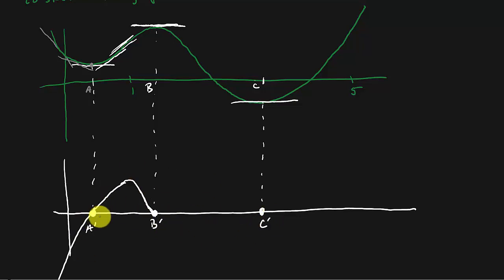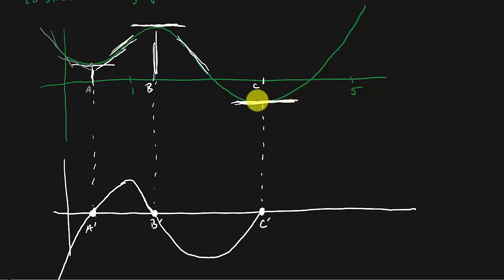But notice all the values between this a prime and b prime, they're all positive. They're all above the x-axis because the slopes of all these tangent lines from here to here would be positive. And then notice here, the slope of the tangent lines would be negative. So it's going to come back down, and then it's going to come back up because it's going to have to go through here, where this tangent line is horizontal, where it's 0.